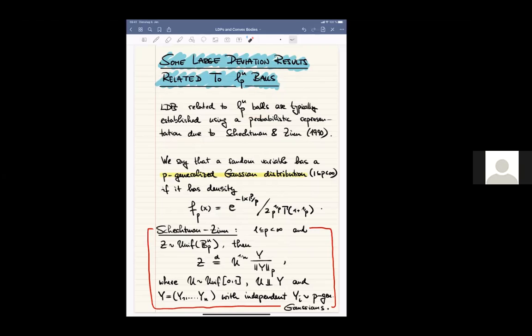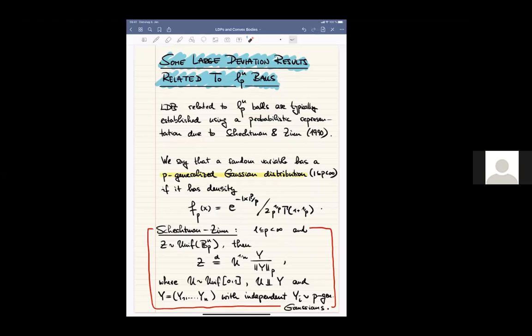The advantage is that while you obviously have dependent coordinates if you pick a point at random on an LPN ball, you can go to a setting where you have independent coordinates, and these independent coordinates are the p-Gaussian random variables.